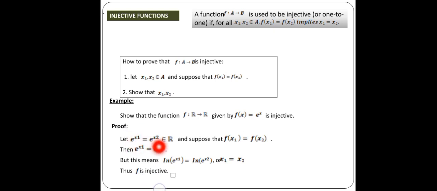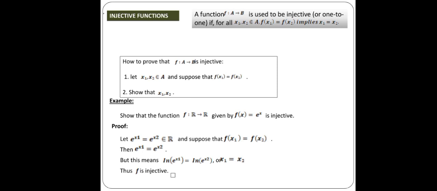Let x sub 1 and x sub 2 be elements of real numbers, and suppose that f of x sub 1 is equal to f of x sub 2. Then e to the power of x sub 1 is equal to e to the power of x sub 2. So this means that x sub 1 is equal to x sub 2. So we can say that this is an injective function.